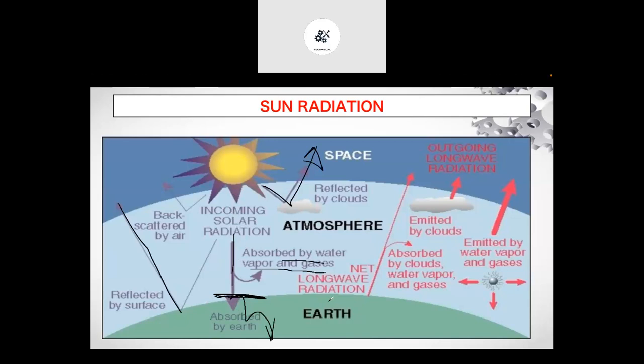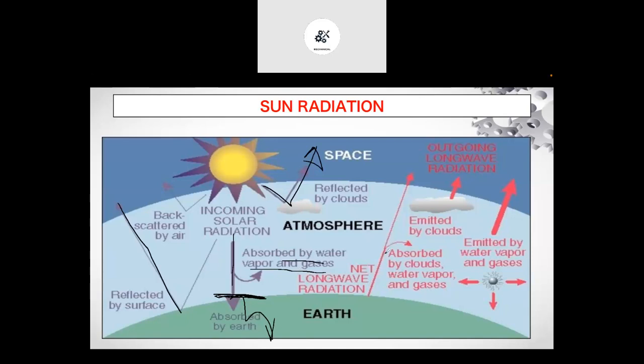Because of that, it directly enters the atmosphere, and most of the radiation falls on the earth's surface. This radiation heats up the earth, and the heated surface also starts radiating long wave radiation, like radio waves or infrared waves, etc.